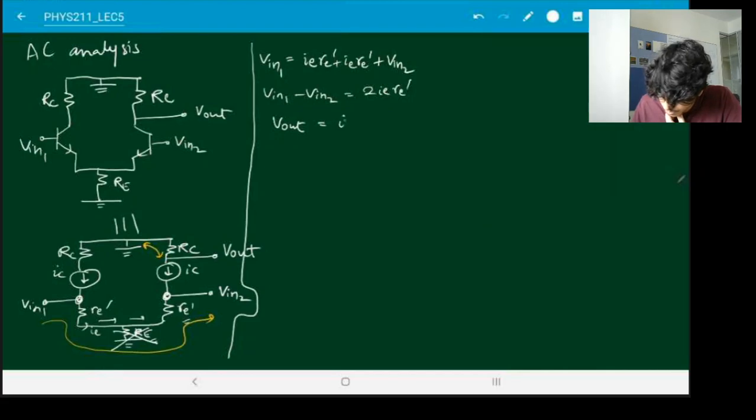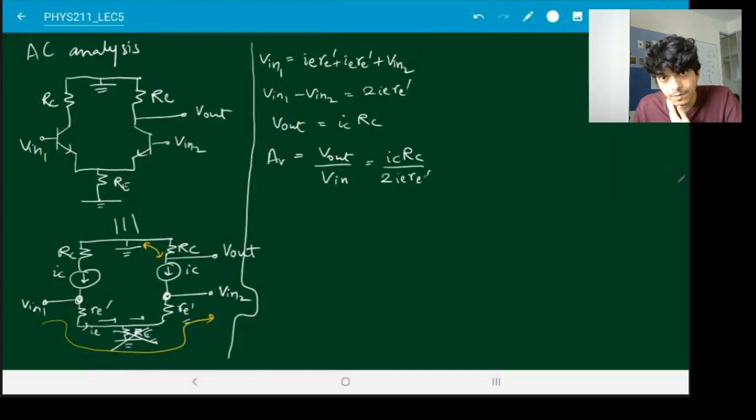So VOUT is just ICRC. So the voltage gain, which is VOUT over VIN, is ICRC divided by twice IERE prime. But once again, we know that IC and IE are roughly the same. So for a differential amplifier, the voltage gain is RC divided by twice RE prime.